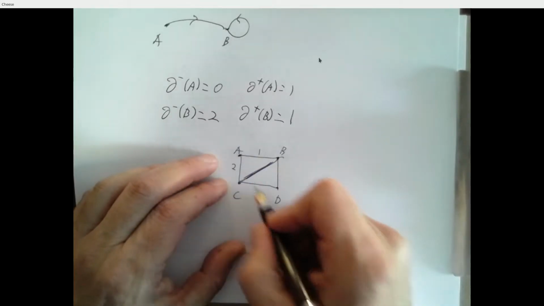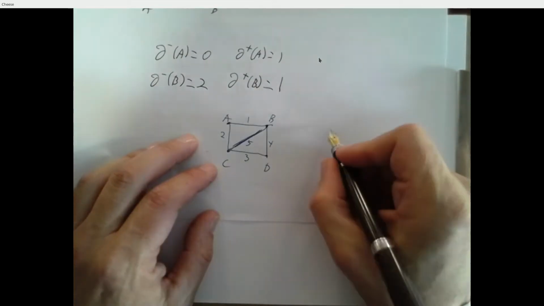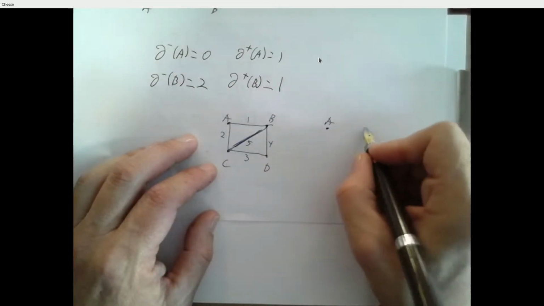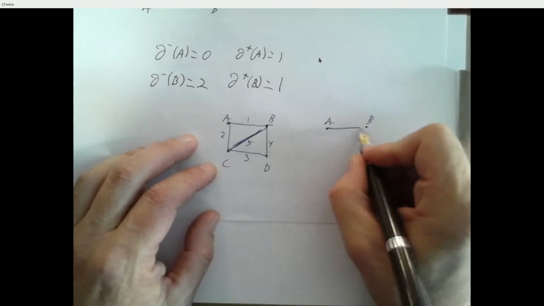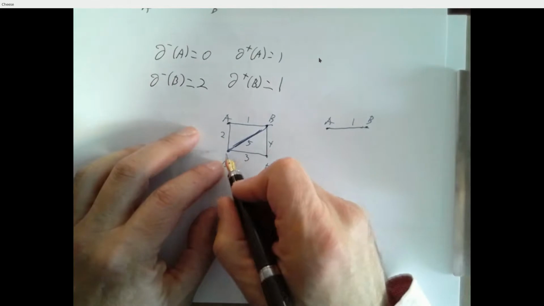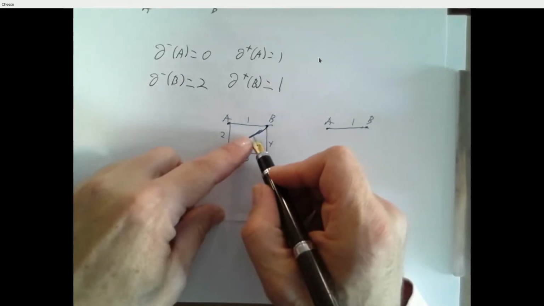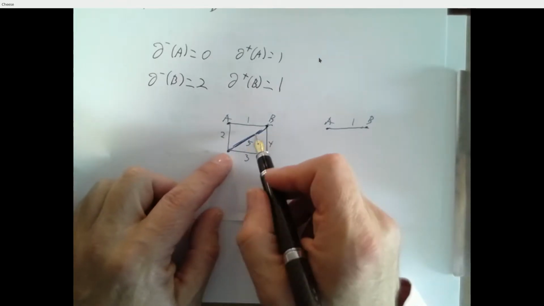So this was 1, 2, 3, 4, 5. If I'm removing edge 5, I'm still going to have edge 1 connecting A and B. But B and C are going to become the same vertex. In other words, I'm taking this edge and I'm shrinking it down to a point where B and C are the same.